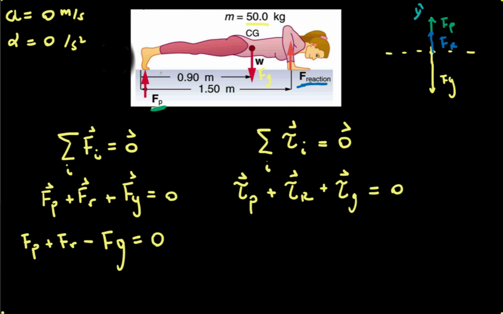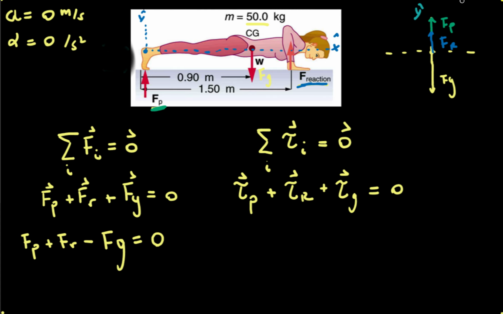And you'll see in a moment what I mean by that. So let's pick this force P right here. I'm going to set this point as my 0, which means that this is my y coordinate, and this is my x coordinate.